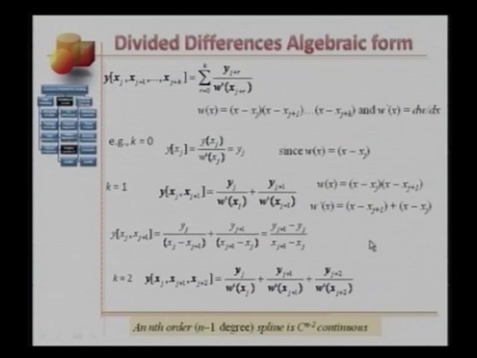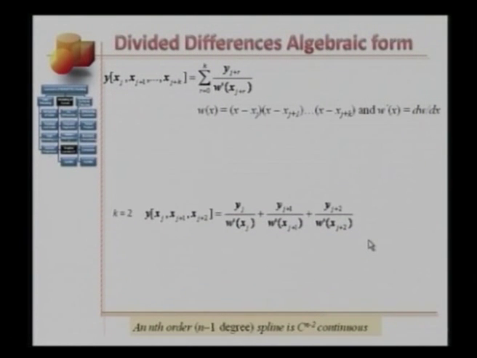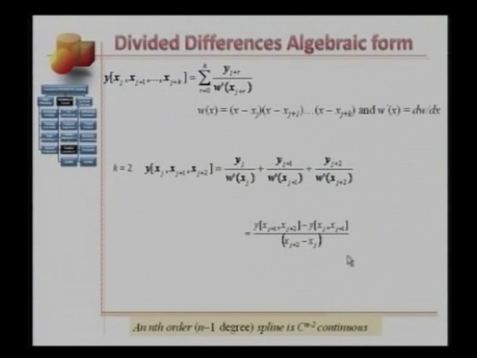From this relation, again, by the rules of the divided differences, the second divided difference can be expressed using subtraction between two first divided differences. So in this case, this left hand side equals y of xj plus 1, xj plus 2 minus y of xj, xj plus 1 over xj plus 2 minus xj.